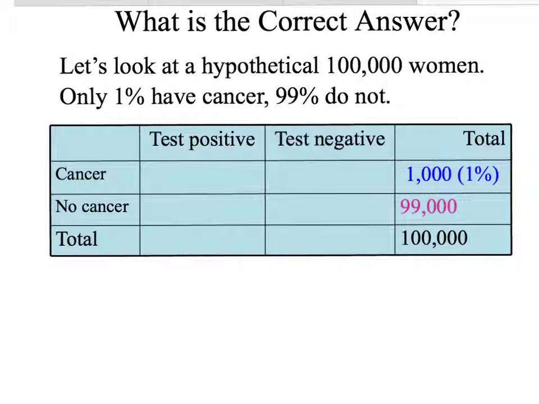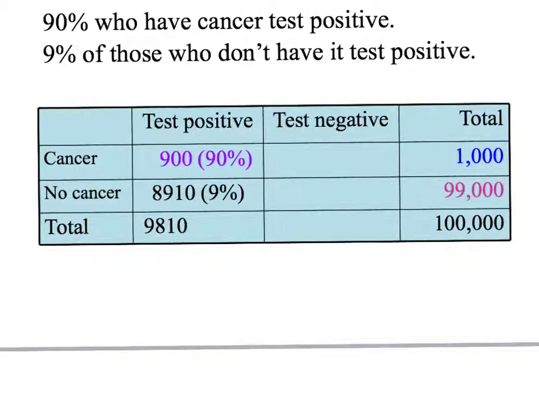But let's take a look on a table, just like we did earlier in the chapter, at a hypothetical 100,000 women. 1% have breast cancer, 99% don't. So we've got 1,000 women with cancer, 99,000 who don't have cancer. Now, 90% of those who have cancer test positive.